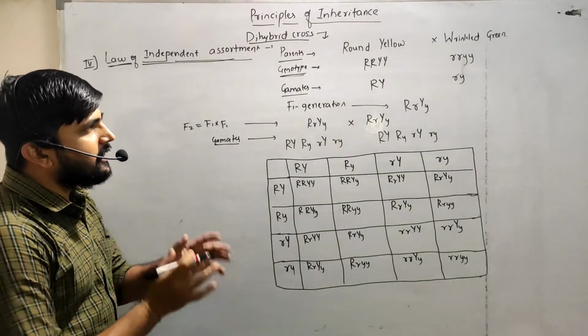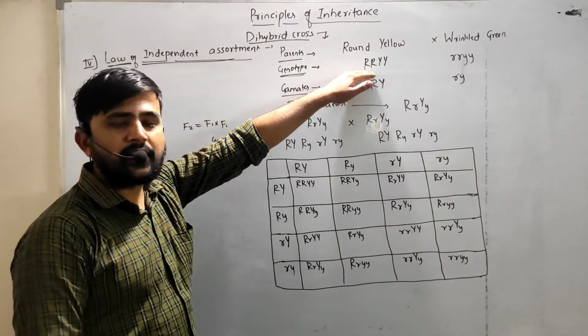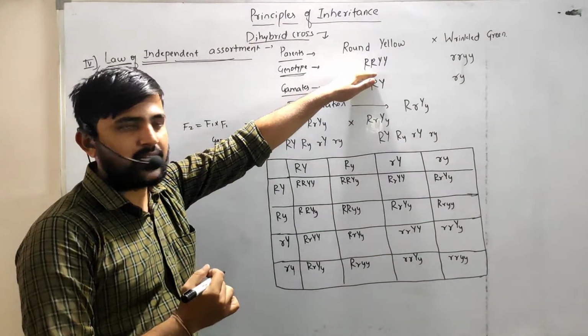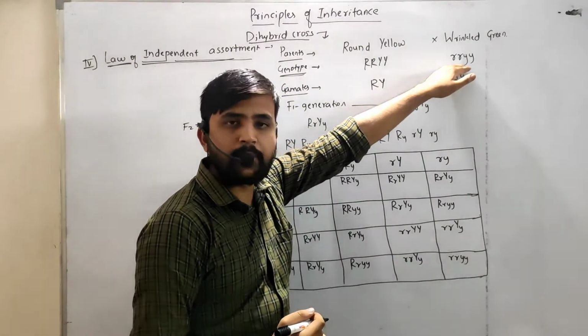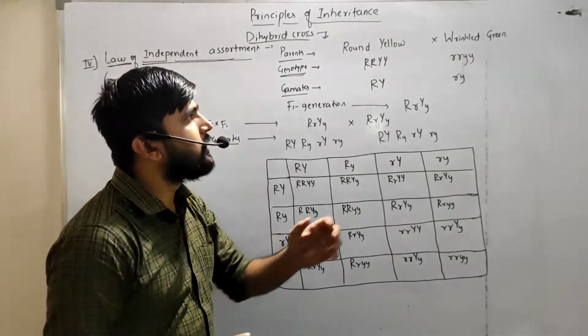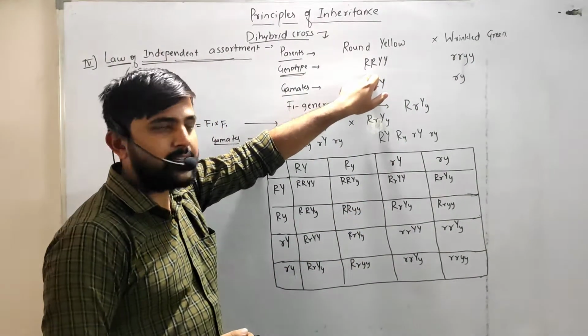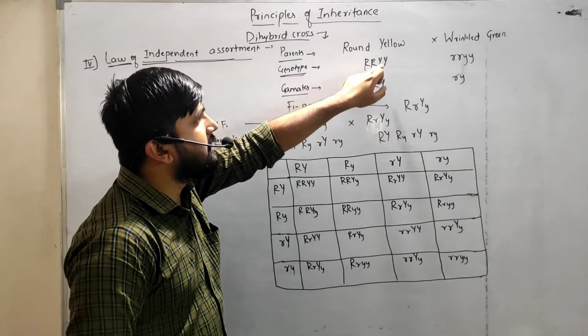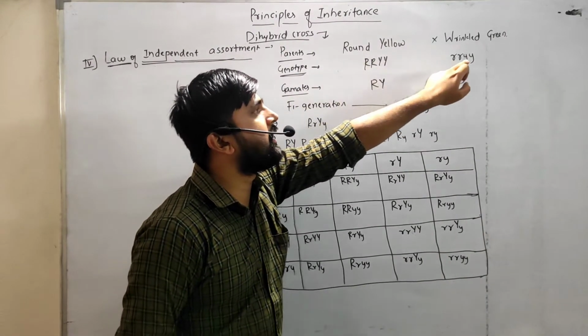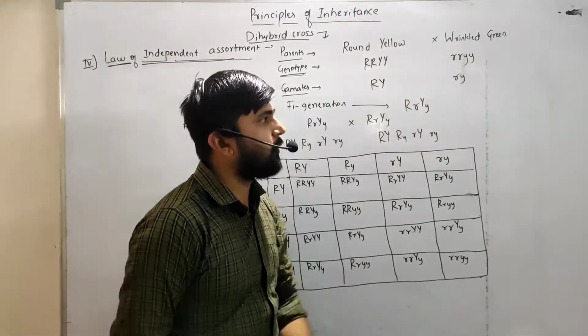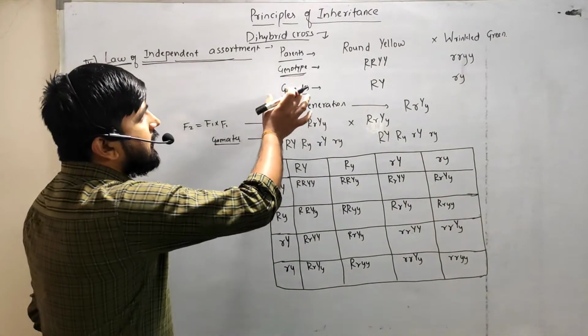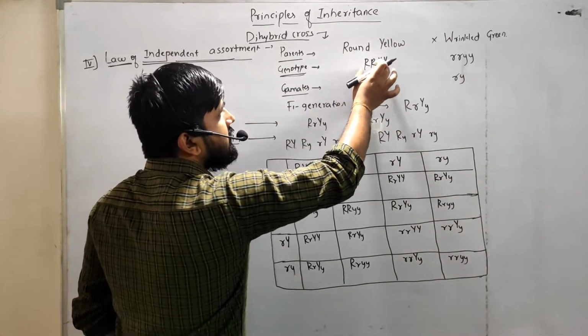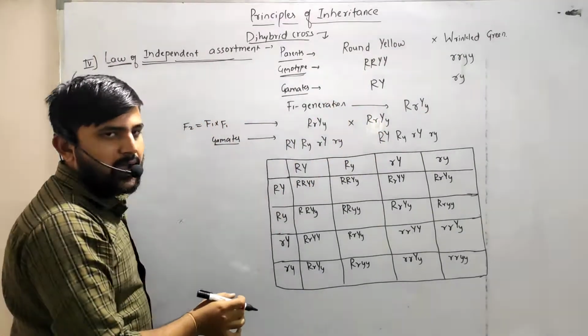Here the capital represents the dominant and the small represents the recessive. So capital R is dominant over small r, and capital Y is dominant over small y.